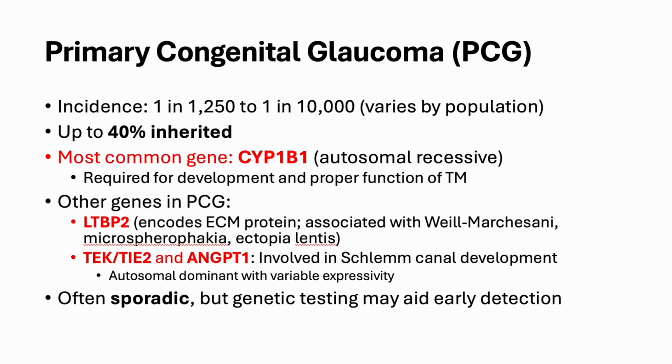Other genes involved include LTBP2, which encodes an ECM protein and is linked to syndromes like Weill-Marchesani and microspherophakia, TEK (TIE2), and ANGPT1, which are involved in the development of Schlemm's canal. While many cases are sporadic, genetic testing can assist in early detection and risk stratification.